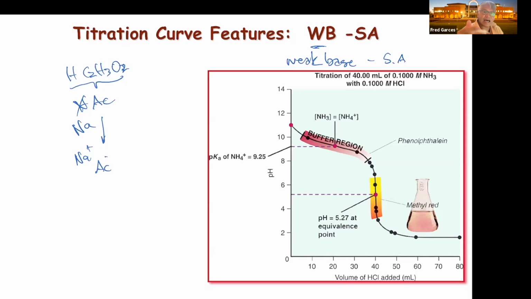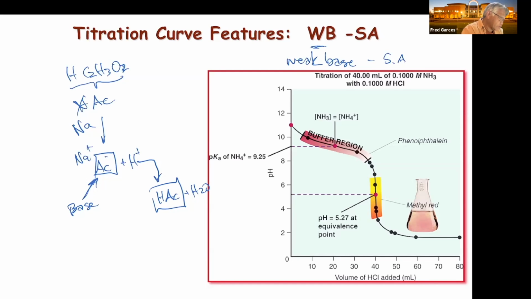Because the acetate ion is the conjugate of a weak acid, that chemical right there is a base. So what does a base want to react with? They want to react with acids, and they would form its conjugate and, of course, water, in this titration.